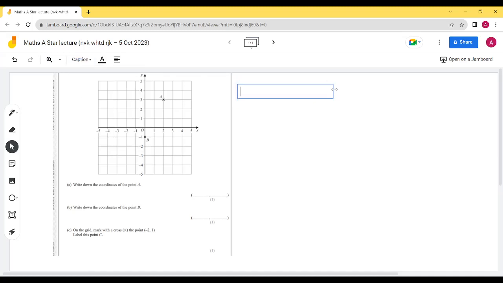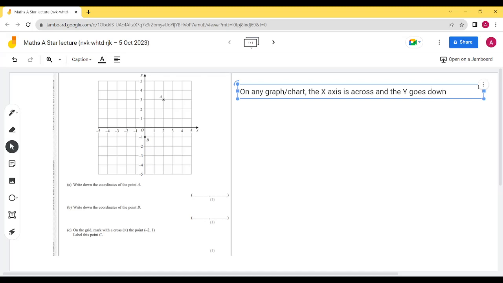Basically, on any graph or chart, the x-axis or x is across. I like to remember that an x is across, and the y goes down.